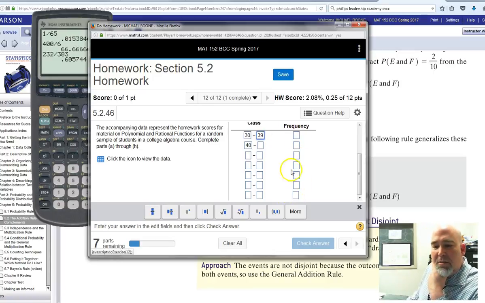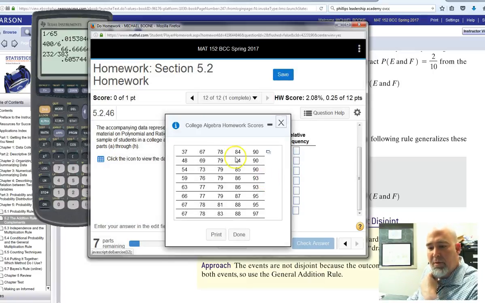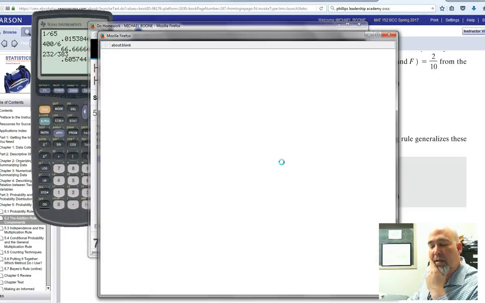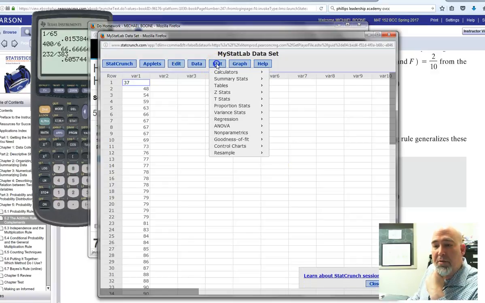Finding these counts can be a little bit tedious because I have a table that gives me all this data. I could bin it that way if I wanted to, but I'm going to show you a way to use StatCrunch to help you bin this data. Because if we had thousands of data, you would not want to do this by hand.